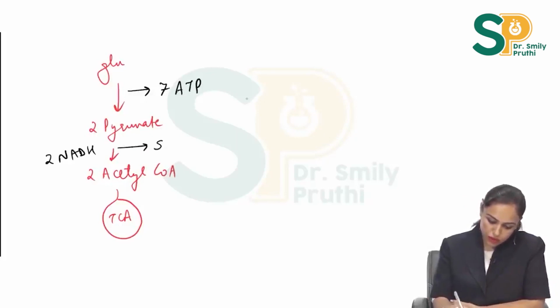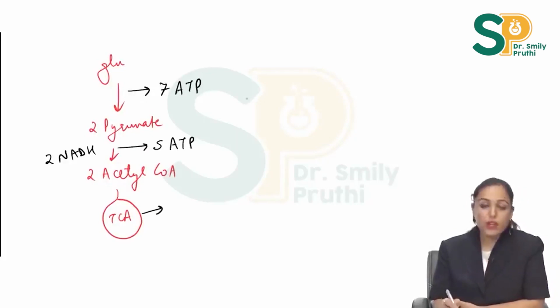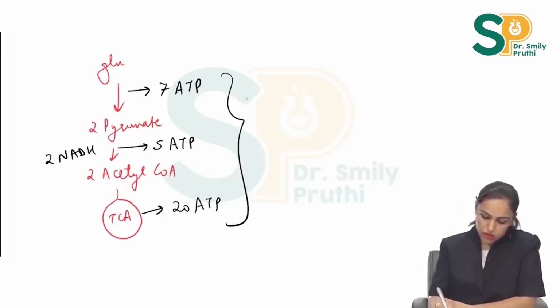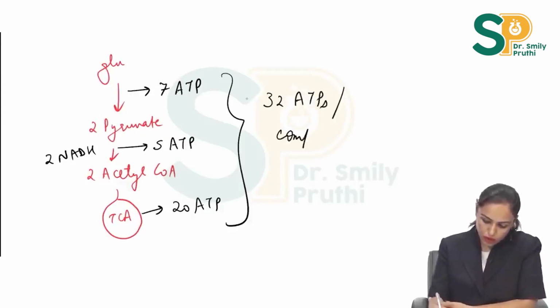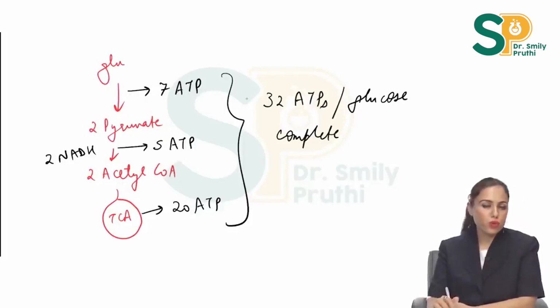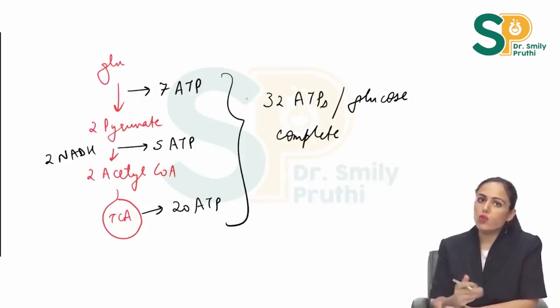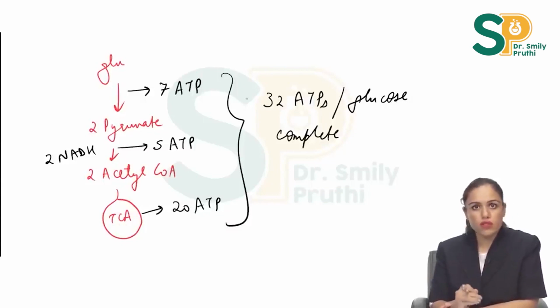So 2 NADH will give 5 ATPs, and when 2 acetyl-CoA go into TCA cycle, they will give 20 ATPs. So this total is 32 ATPs from complete breakdown or complete oxidation of glucose, right? So if they ask you that aerobic glycolysis gives how many, you will say 7. But if they ask you complete oxidation of glucose, then you will say 32. So be careful what they are asking.